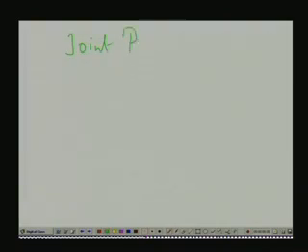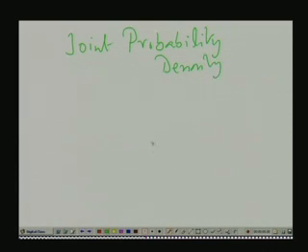How about the joint probability density? That is P ZW, capital ZW. What is the physical meaning of it?